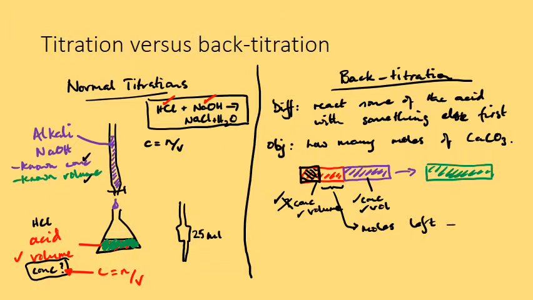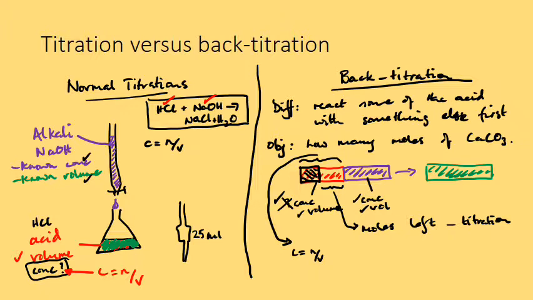Okay, so that's from your titration. Now the moles of acid that you started with, you get just from the data that's given in your question plus concentration equals moles over volume, and then you get the total.